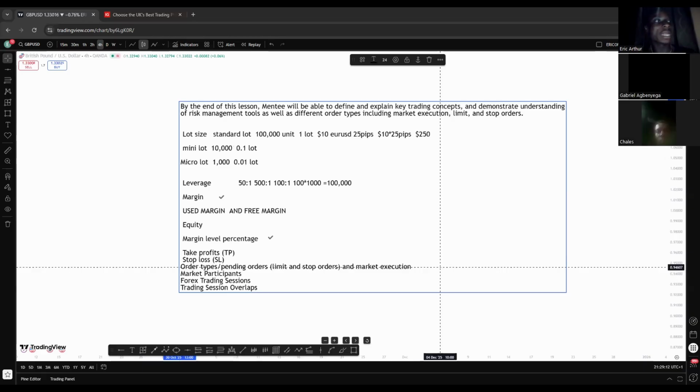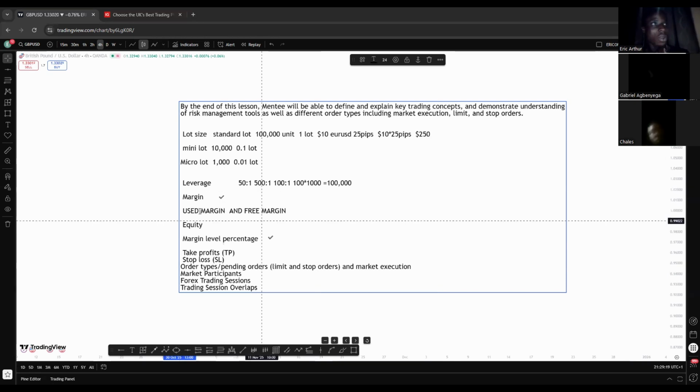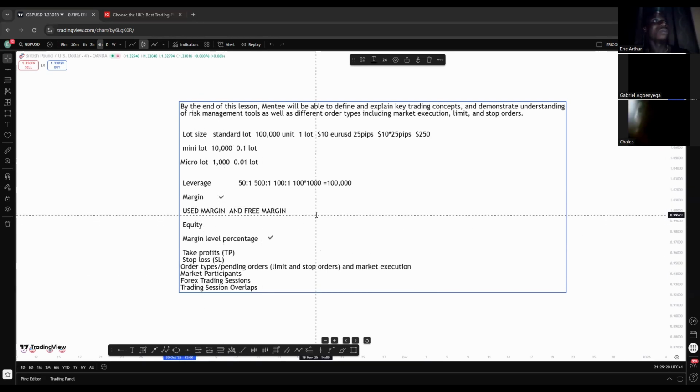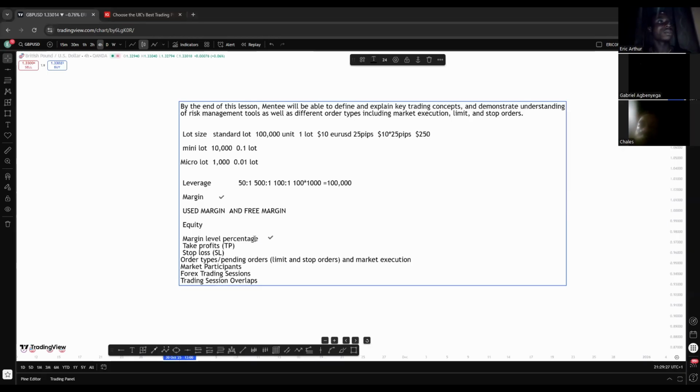So we understand the margin level. The margin level is the equity divided by the margin used. Okay, let me give an example. Let's say you have an account.